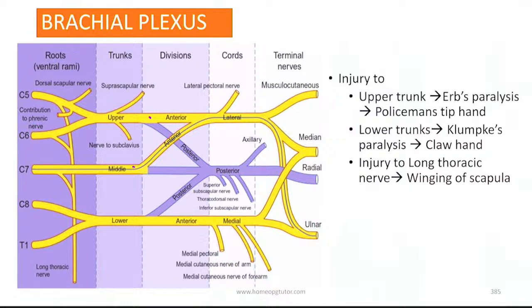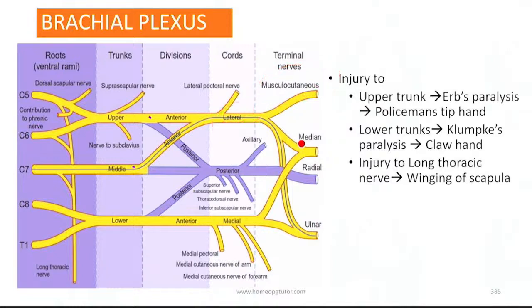Now, the major nerves that you have to study are the terminal nerves. What are the terminal nerves of the brachial plexus? We have the musculocutaneous nerve, the median nerve, the radial nerve, and finally the ulnar nerve. The musculocutaneous nerve is from the lateral cord.